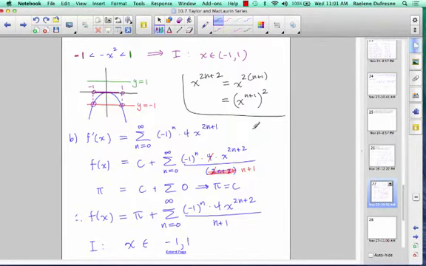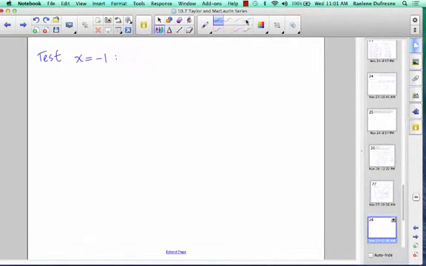So whether x is equal to negative 1 or positive 1, this quantity of x to the 2n plus 1 will always be positive 1. So we can actually test the two endpoints at the same time.